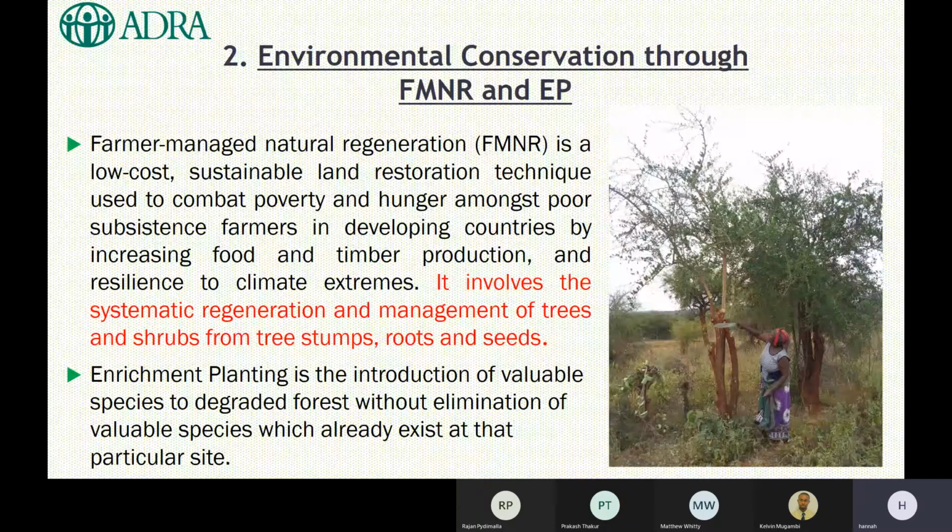So we came to learn that when you work with the community, use their knowledge, and also embrace those historical original species, they are able to embrace the idea of managing the natural regeneration concept, and be able to bring the area back to green. So that is one of the important lessons we learned in this project.